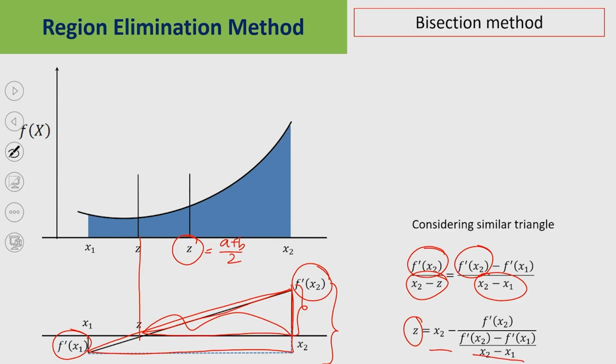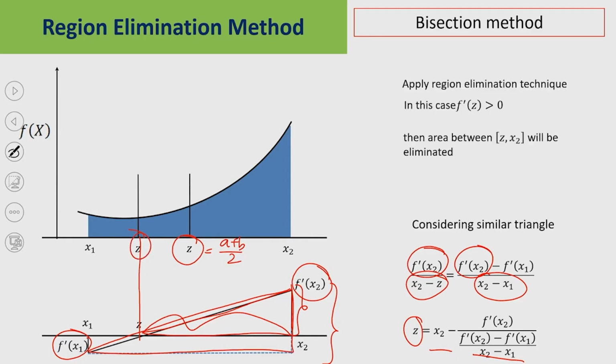Now, if I take this as my z value and apply the region elimination technique, in that case the derivative is positive. So, the area between z and x2 can be eliminated.